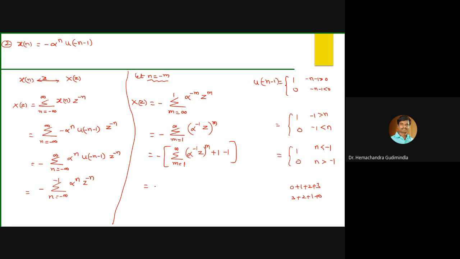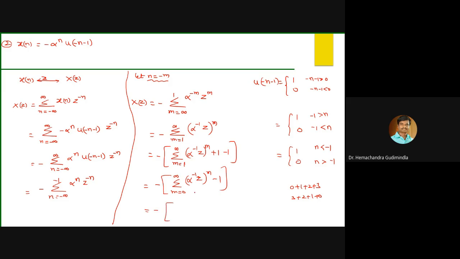What I will get here? Minus of summation. See, m equal to 0, if you substitute, what is the value you will get? Plus 1 only. That's what I will write. M equal to 0 to infinity alpha power minus 1 into z whole power m minus 1. This minus 1 you need to write here.